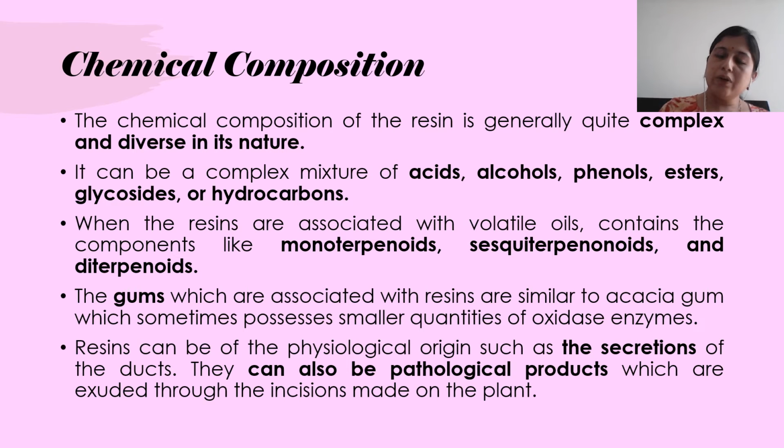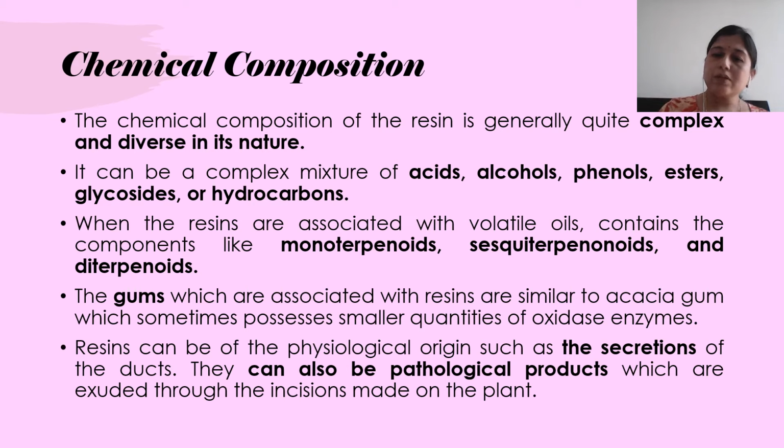One more thing I would like to discuss is that resins don't exist alone at times. They exist in a mixture with other pathological products, for example gums. In plants, we have cellulose in the cell wall, and due to certain pathological or enzymatic conditions, the cellulose naturally gets converted into gums. When gums and resins come together, we call them gum resins, and they also ooze out in mixtures.